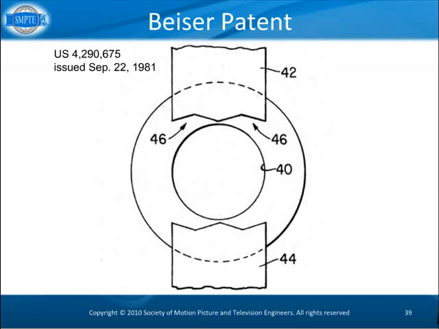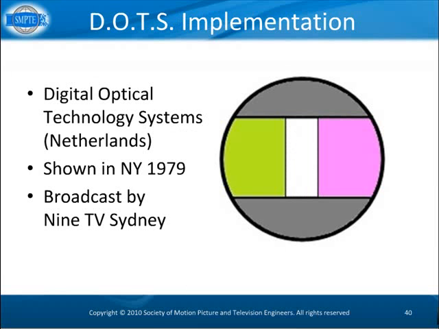His improvement on the Songer patent was to add a second iris plane in the lens, which would have guillotine blades, so it would be sort of a slit iris, and it would give you separate control over depth of field and light control. And he seems to have sold that patent or been part of a group called Digital Optical Technology Systems that was based in the Netherlands, and this is sort of what their iris looked like.